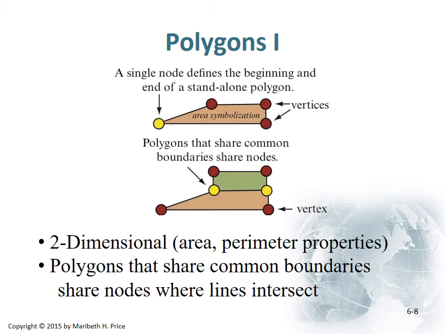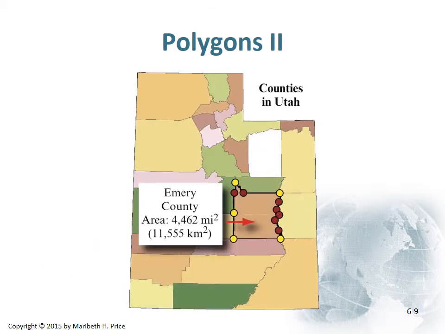And like points and lines, we can attach lots of different attributes about the Earth's surface, or if we're dealing in other dimensions, in the atmosphere or the ocean, whatever our polygon is describing, we can put that information in there. Here, using Utah again, polygons describing the counties, and counties are a series of nodes, vertices, lines that follow the legal boundaries of the county.